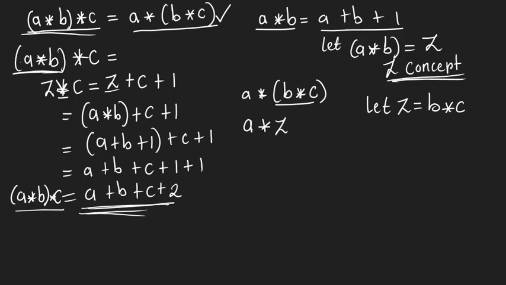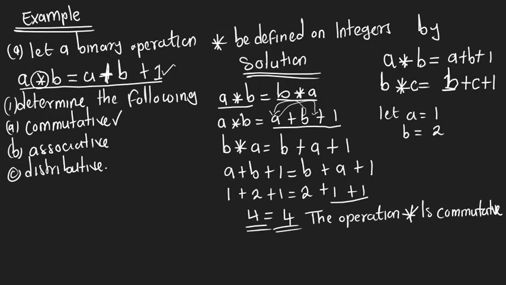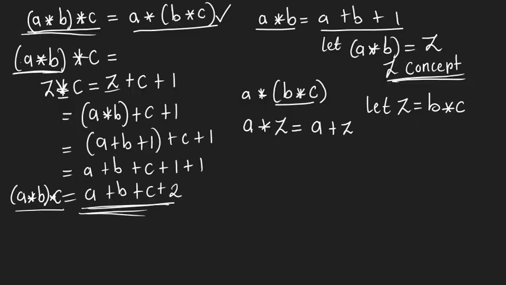That is Z concept. Now, A star Z can also be written as A plus Z. Remember, according to the condition given in our operation, they are saying every time we perform star, for whichever we are doing, we should be adding 1. So this can also be written as A plus Z plus 1.